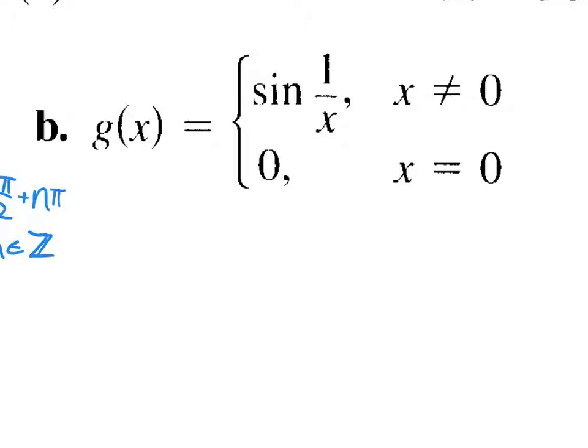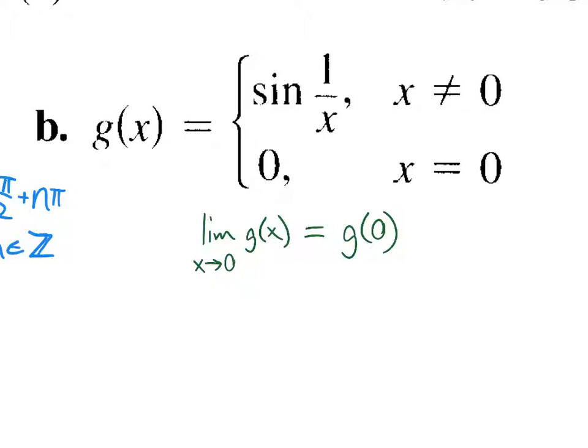So the question, how can we tell if this is continuous? Well, the limit of g of x has to equal g of 0. That's the key point. We know everywhere else sine of 1 over x is going to be defined. It's going to be continuous.